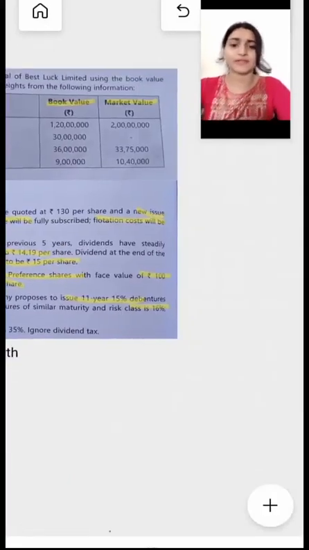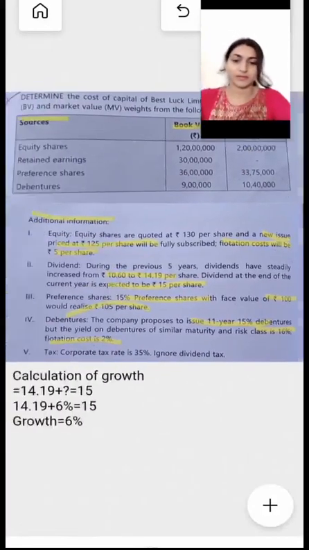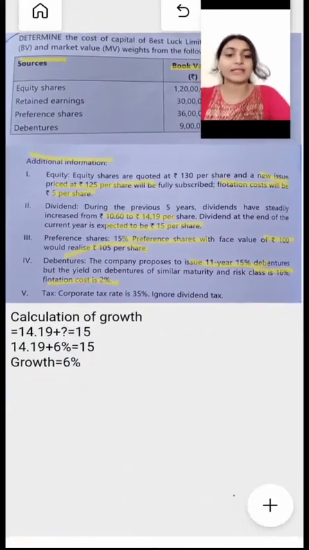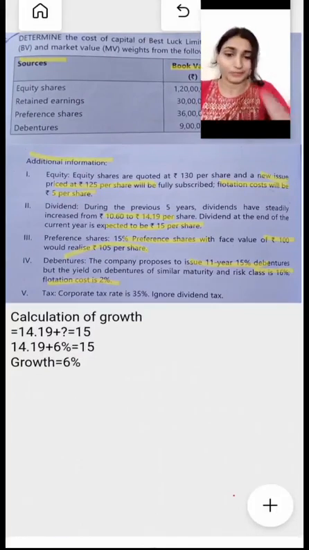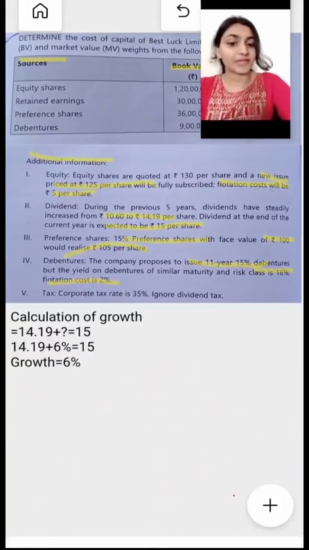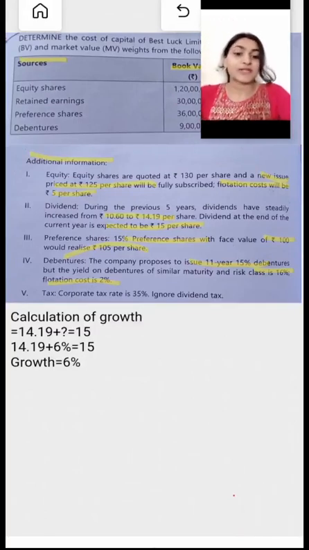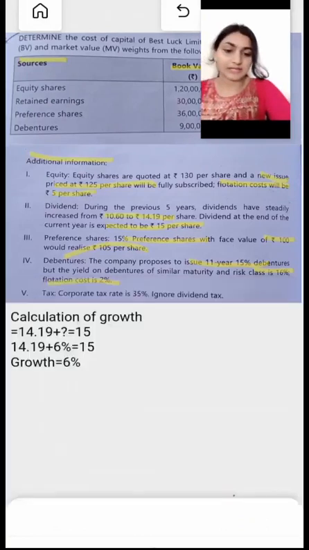Okay, so what they have given over here, the debentures number of years is 11 years debentures, and they are 15% debentures they are going to issue. And similarly the company is having a risk of 16% class debentures.